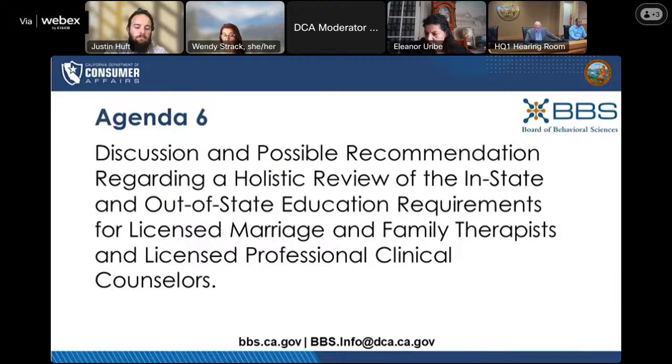For LMFT applicants who began graduate studies on or after August 1st, 2012, the law does not permit any coursework to be remediated post-degree, and LPCC law permits very limited content to be remediated post-degree. This means that some applicants, even if missing one course topic, would have to obtain a completely new degree to qualify. In contrast, out-of-state applicants can remediate many more deficiencies, including some after you actually receive your registration.